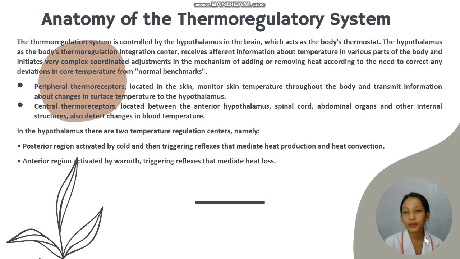In the hypothalamus, there are two temperature regulation centers. First is the posterior region, activated by cold and triggering reflexes that mediate heat production and heat conservation. And the second is the anterior region, activated by warmth, triggering reflexes that mediate heat loss.